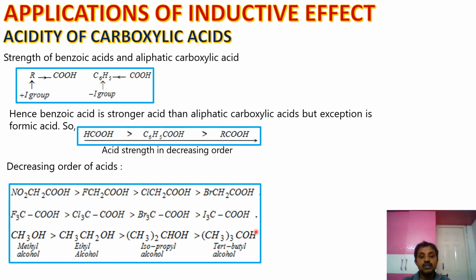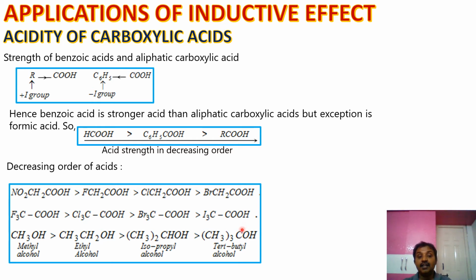In this series, the carbon is substituted with three halogen atoms, and among the halogens, the fluorine atom has the highest electronegativity. Because of that, trifluoroacetic acid is a stronger acid compared to trichloroacetic acid, tribromoacetic acid, and triiodoacetic acid.